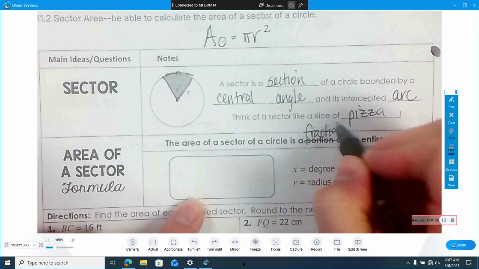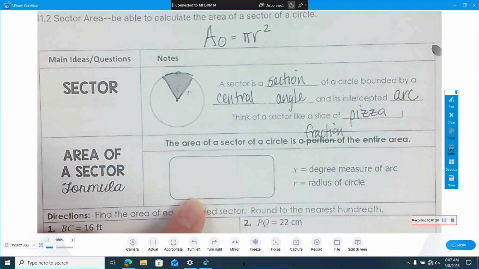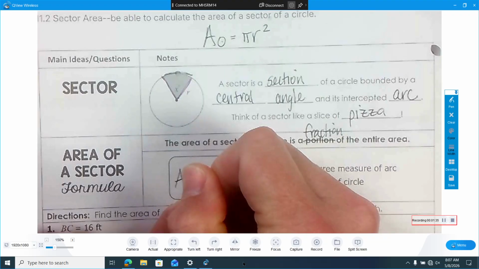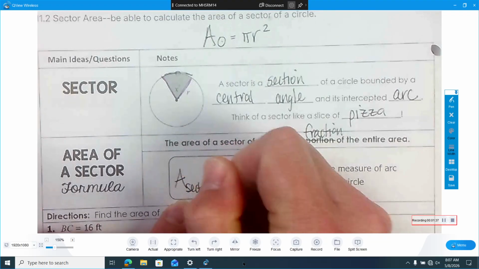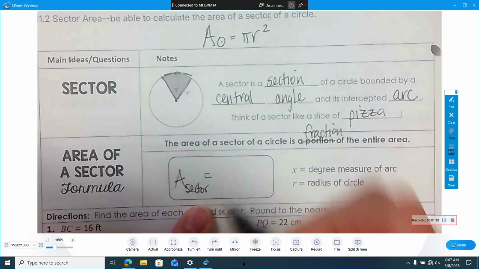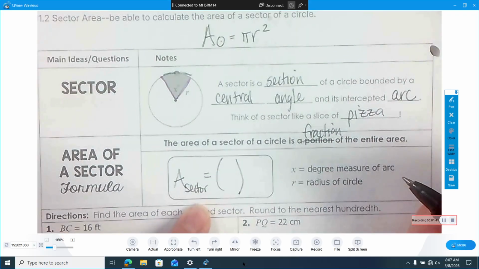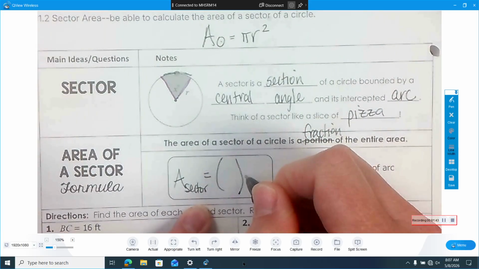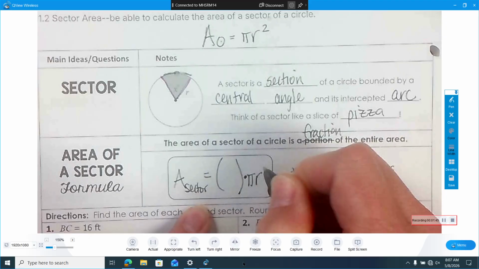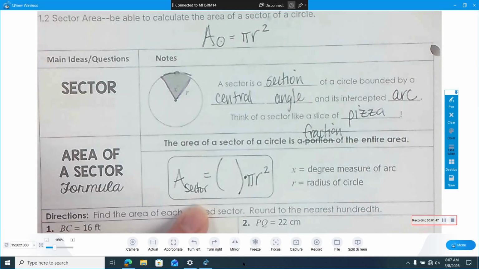The area of a sector, or shaded region, is a fraction of the entire area. So the area of a sector is simply a fraction of, which means multiply, pi r squared, which gives us the area.